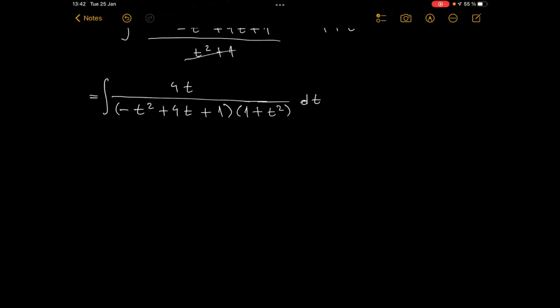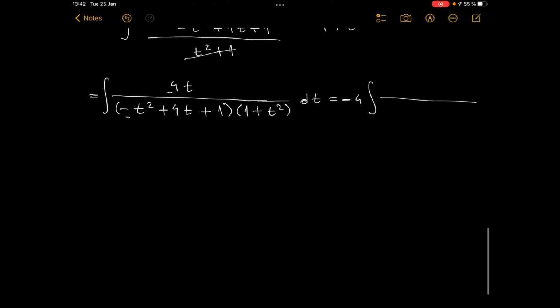Okay, so the first thing that we're going to try and do is factor out some constants. Why? Because I don't like constants inside the integral sign. So I'm just going to factor out this 4 right here and the minus from here. So we'll get the negative 4 times the integral of t over t squared minus 4t minus 1 times t squared plus 1, and of course dt.